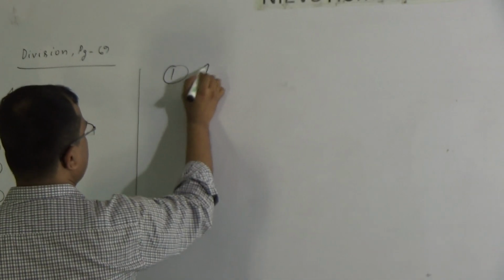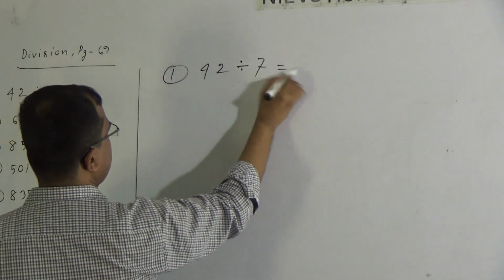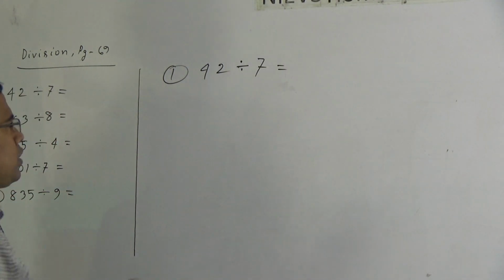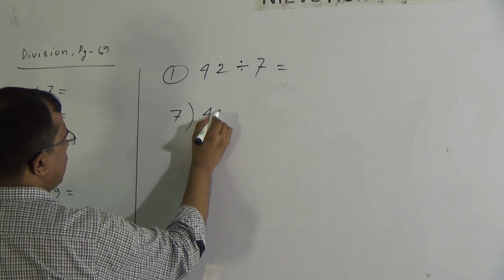At first, we will do number one. 42 divided by 7 equal to what? Dear students, we will use rough space for finding out the answer. 42.